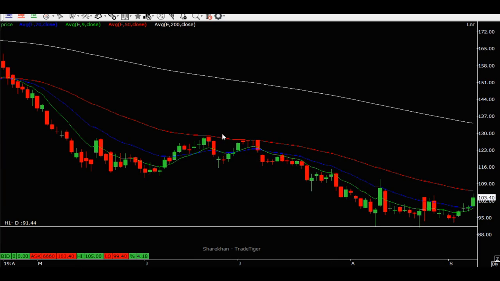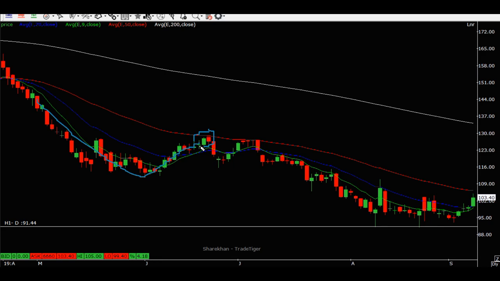Okay, so now check this out, right? See what do we have here? Okay, so we got this pullback, right? So price was coming down, and now it starts to pull back, or retrace. Okay, so while it's pulling back, it's coming towards the 50 EMA. And at the 50 EMA, we get two hanging mans.